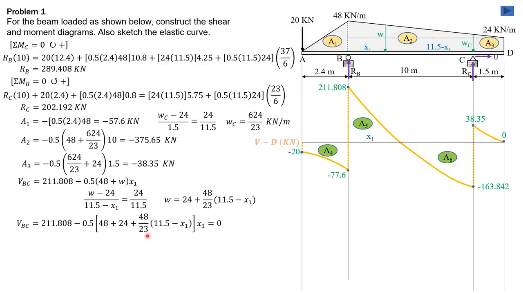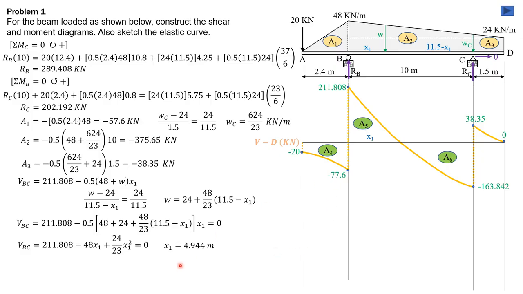Then 48 over 23 times negative x sub 1 times negative 0.5 is positive 24 over 23 x sub 1 times x sub 1, so 24 over 23 x sub 1 squared. So shear BC is 211.808 minus 48 x sub 1 plus 24 over 23 x sub 1 squared, then we equate to 0 to get x sub 1. So solving for x sub 1, it is 4.944 meters using the quadratic formula.